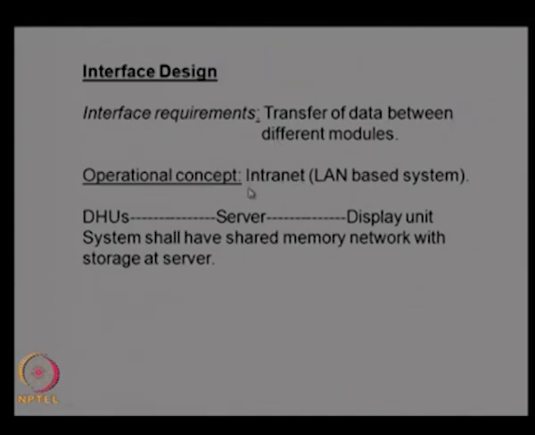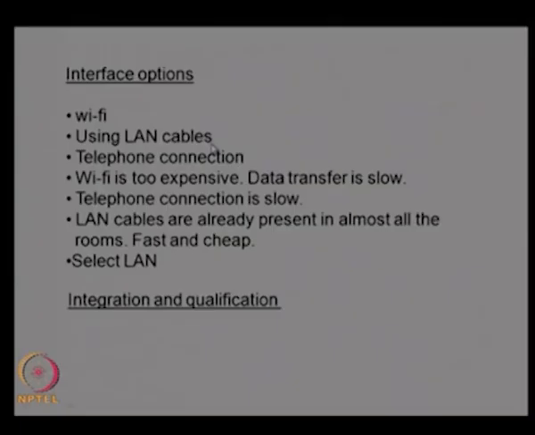We can have an intranet as an operation concept and then identify the architecture for that particular interface. You can have different options like Wi-Fi, LAN cables or telephone connection. Then based on your own assessment, you can decide which one to choose. Based on the pros and cons of different options, you can choose the desired interface.